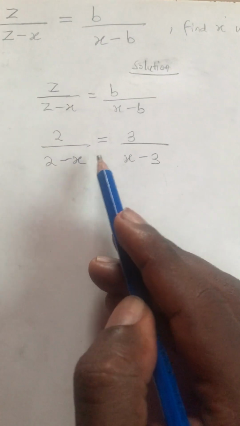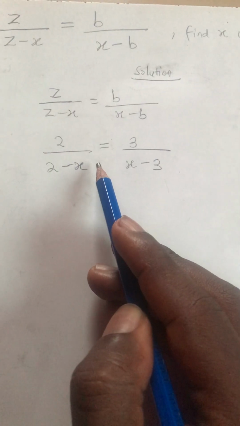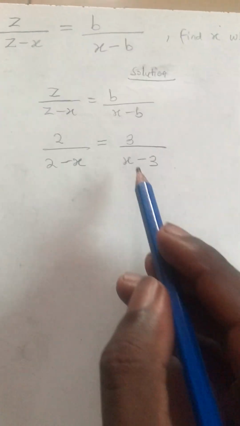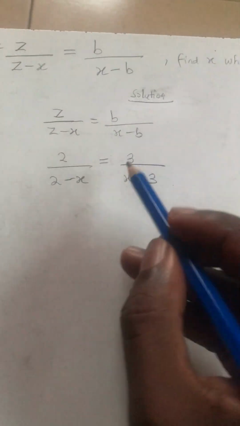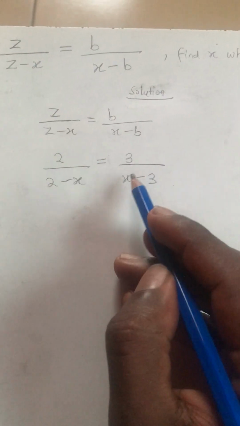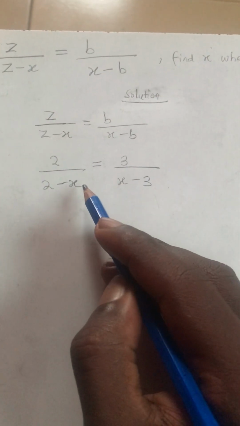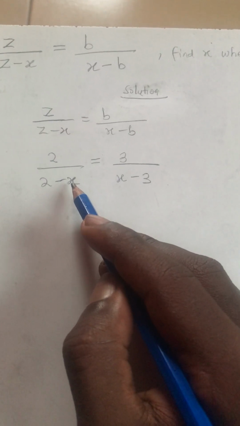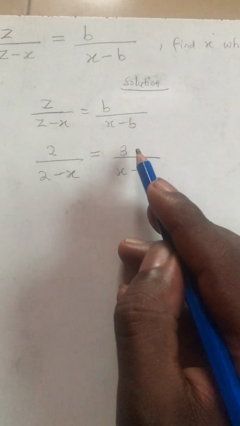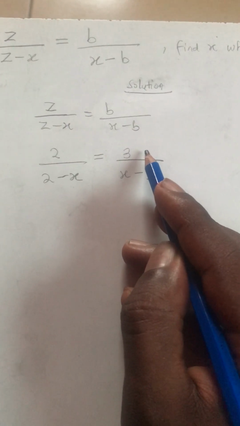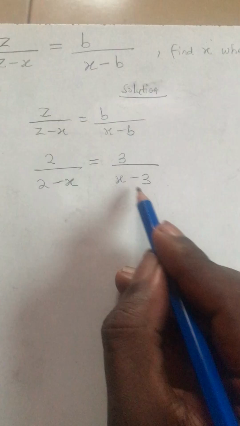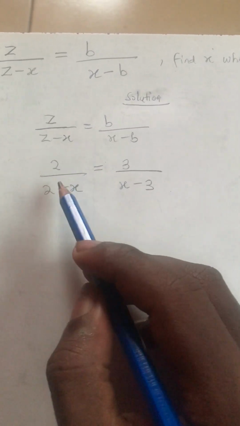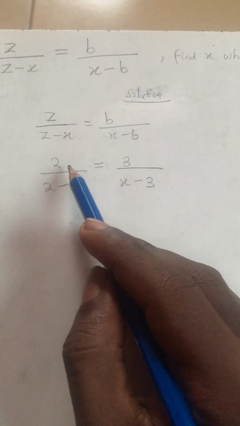Whenever you have an equation like this where you have two fractions equals another fraction, you cross multiply. In cross multiplying, the denominator on the left hand side of the equation will cross to the numerator at the right hand side, and the denominator at the right hand side, which is x minus 3, will cross to the numerator on the left hand side, which is 2.